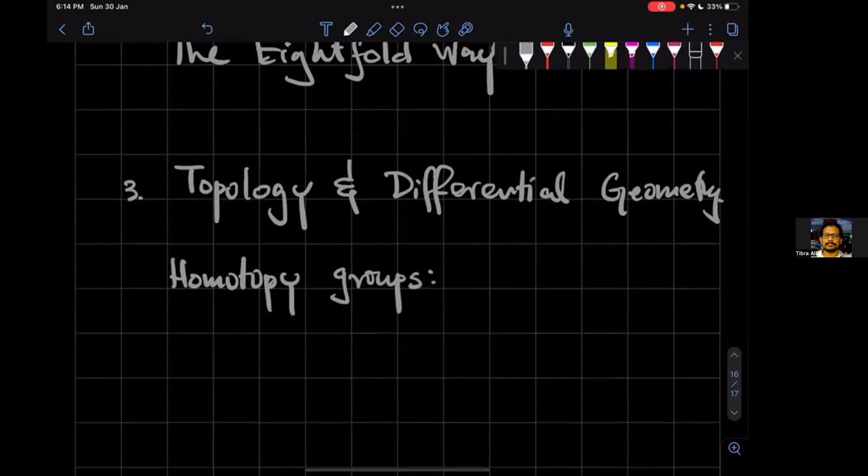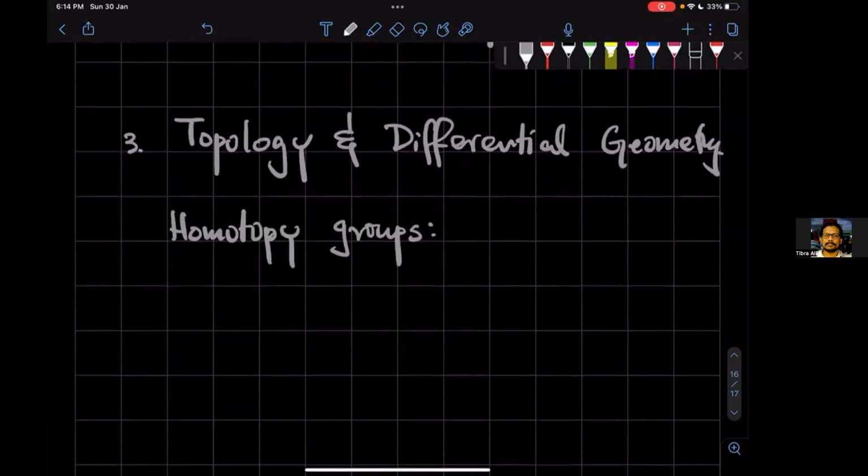And what are these groups? These groups are equivalence classes of maps. They're written like pi_n, and they're equivalence classes of maps from the n-sphere to some space M.